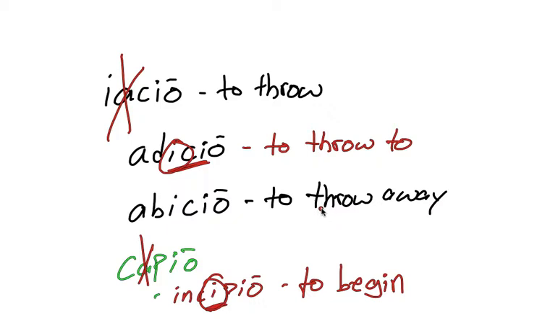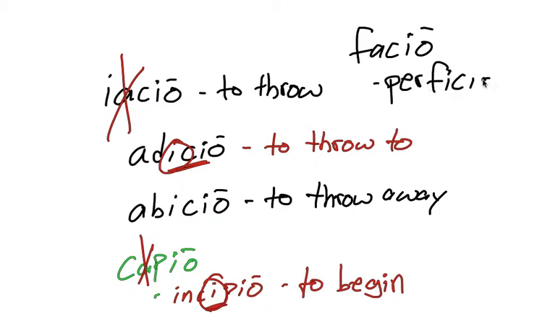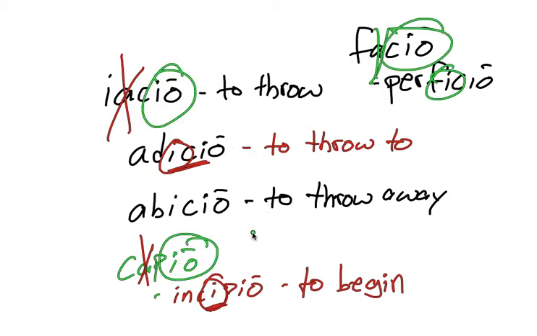It happens in compounds of the verb facio as well. So facio meaning to do. For instance, we have the compound perficio, which means to finish or accomplish. So again, the A is dropping out in favor of an I. And of course, these are all third conjugation IO verbs, right? Iacio, facio, capio. It's a very common thing to see in third IO verbs.